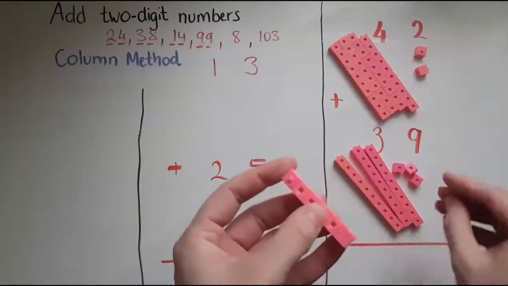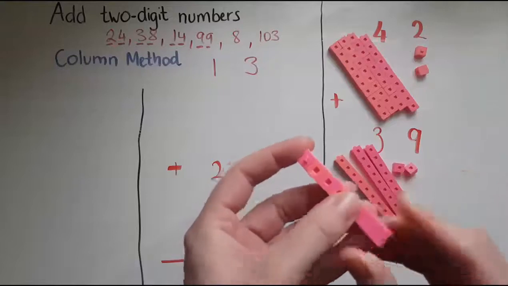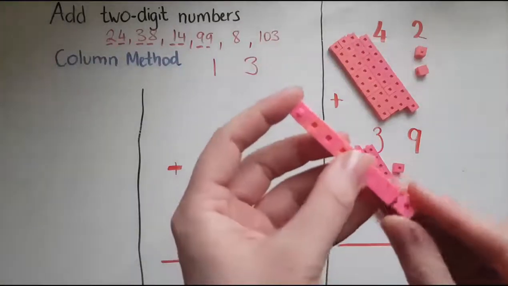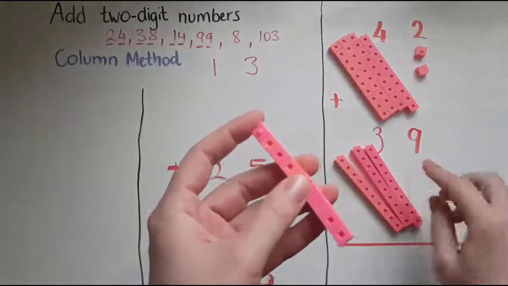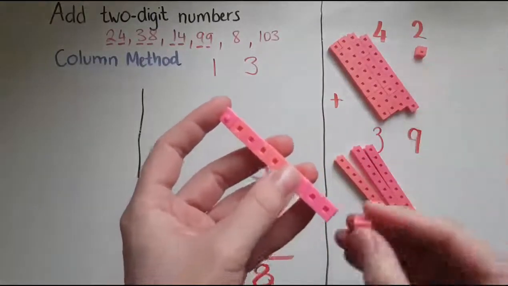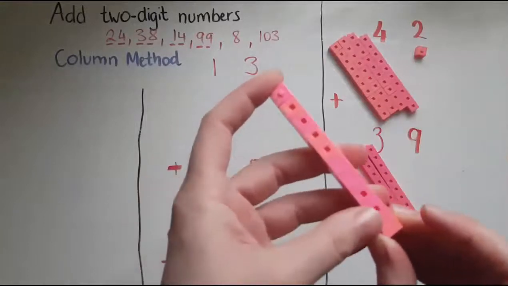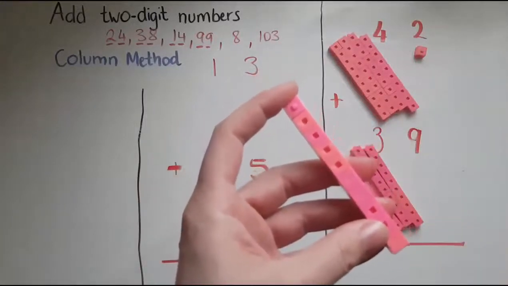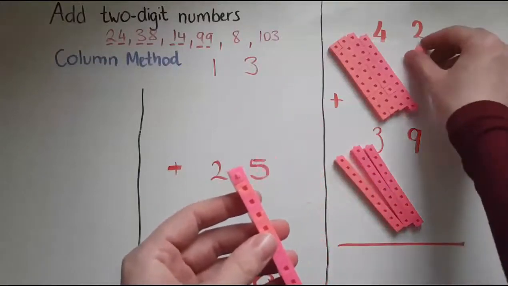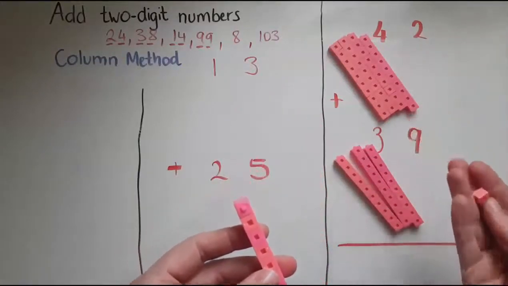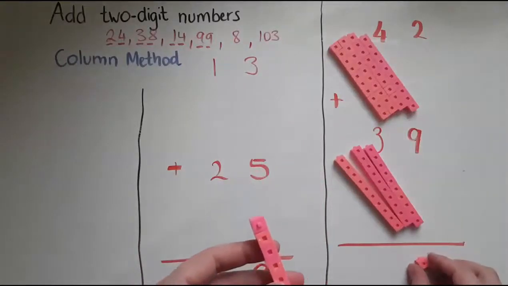So I've got 5, 6, 7, 8, 9, got 9, and another one that makes a block of 10. So I've made a 10 which I'll need to transfer over to the tens, and what is left from the units, there is just 1.